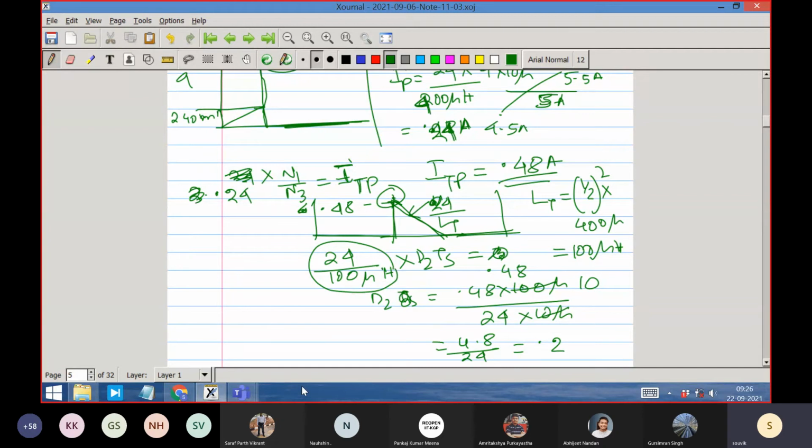So I need to know how much D2 is. D2 is equal to 0.48 into 100 divided by 24 divided by 10, so it is 4.8 divided by 24, it is 0.2. So that is the time, 0.2 of D2 it will be coming down. So this duration is 0.2 TS.